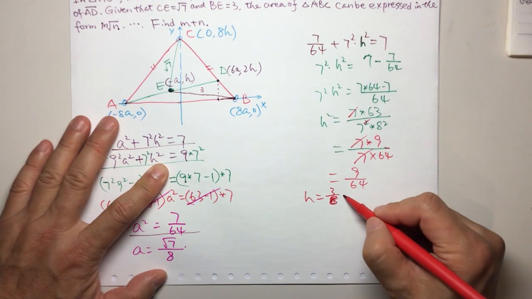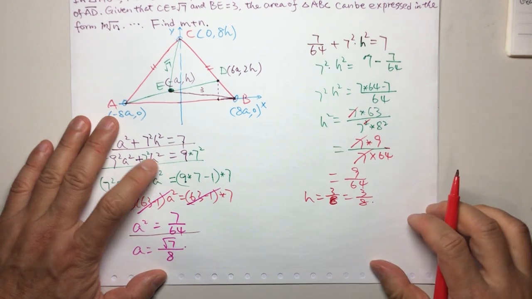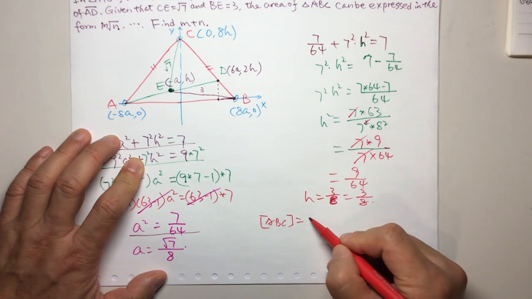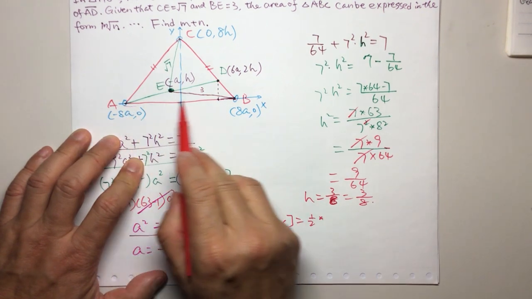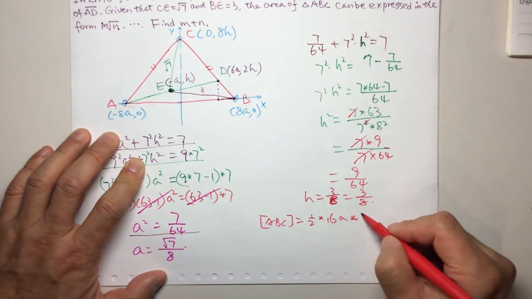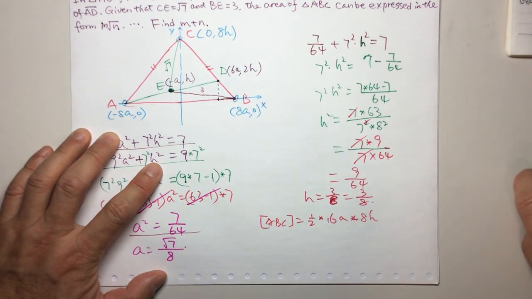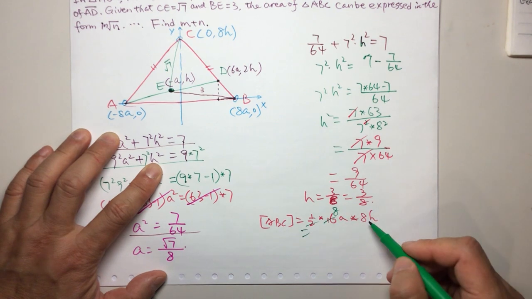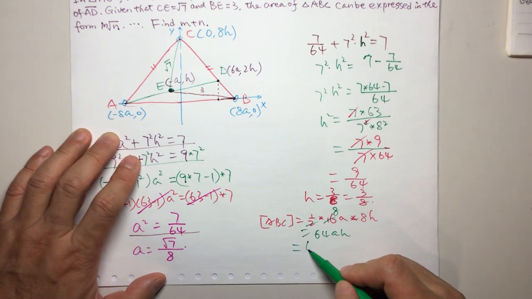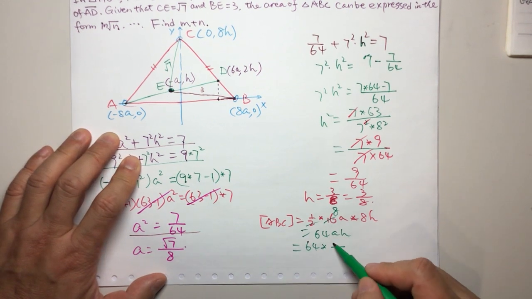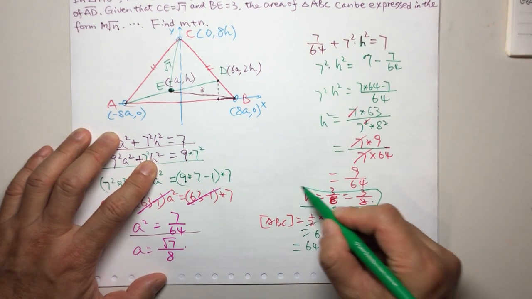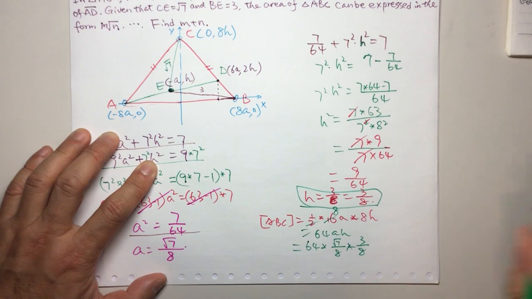Okay, no problem. Yeah, I write down once more. Now, the area of triangle ABC is 1/2 times 16a times 8h. So 64ah equals 64 times square root of 7 over 8 times h, and h is 3 over 8.